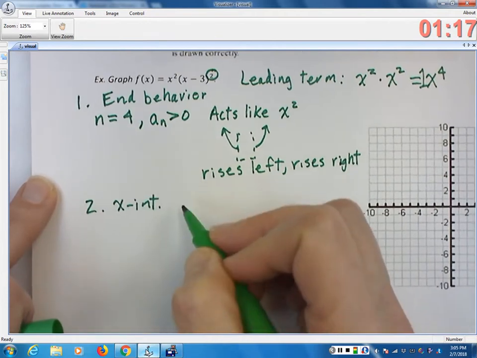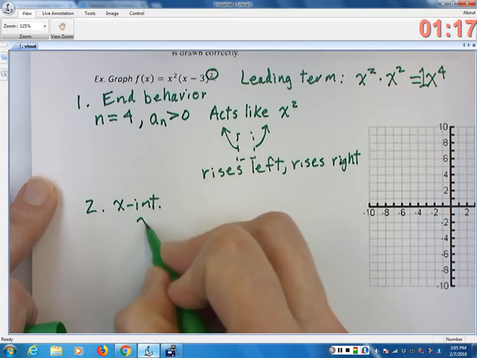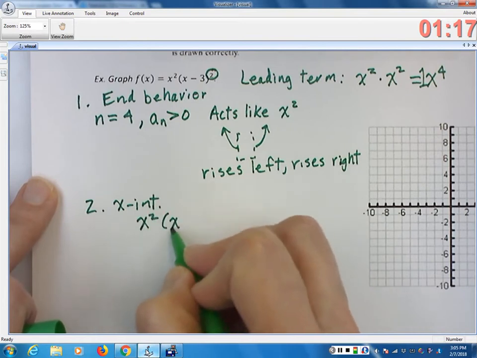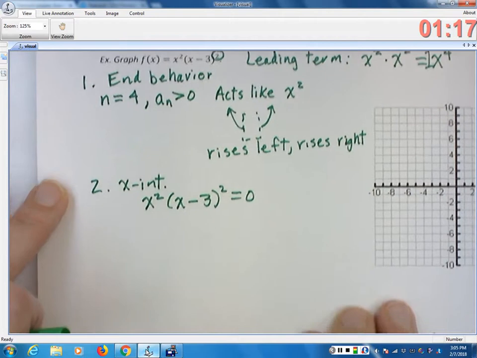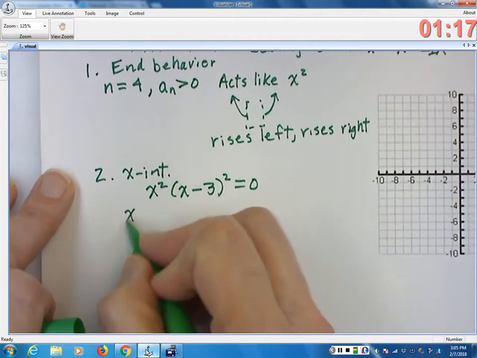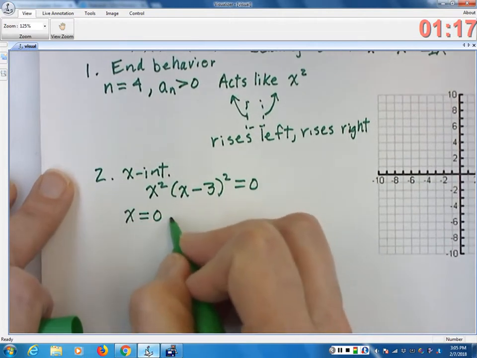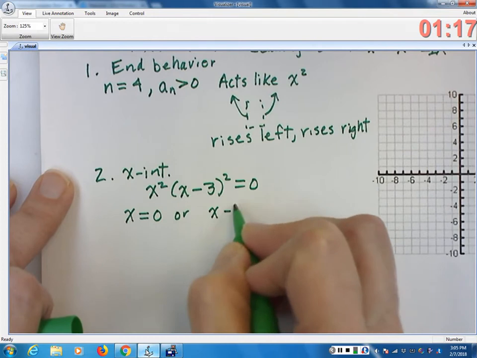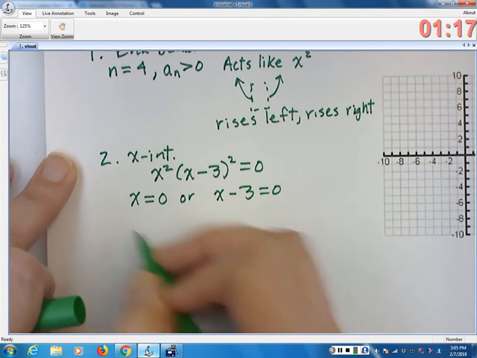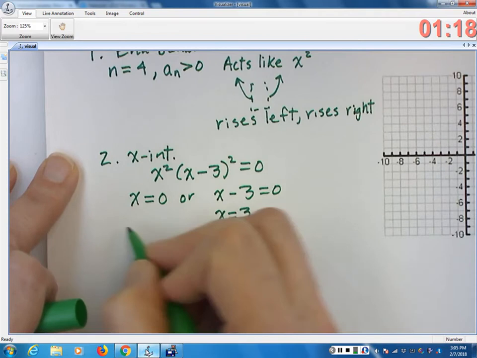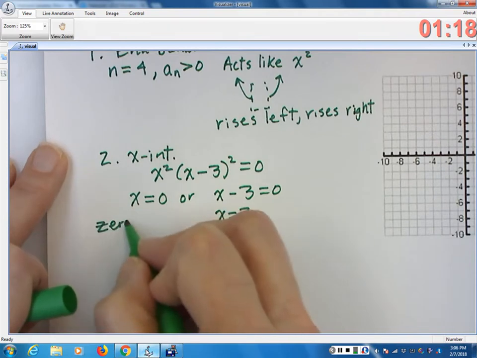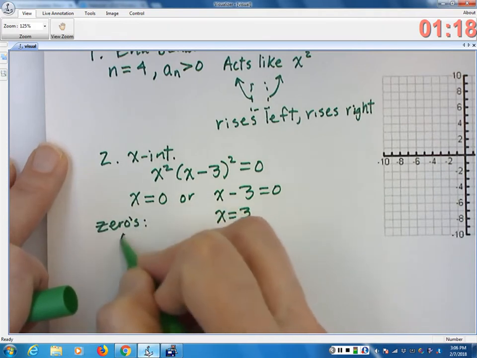All right, number 2, find the x-intercepts. We're going to set f of x to 0, so x squared times x minus 3 squared equals 0. It's already factored. Set each factor to 0. x equals 0, or x minus 3 equals 0. So the zeros are 0 and 3.